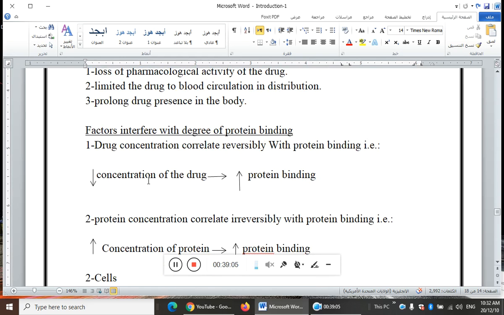Drug concentration correlates reversibly with protein binding, which means when there is decreased concentration of the drug, there will be an increase in protein binding because there are many free proteins to bind with the low amount of the drug. The second factor, protein concentration, correlates directly with protein binding, which means when there is a high concentration of protein, there is high protein binding.